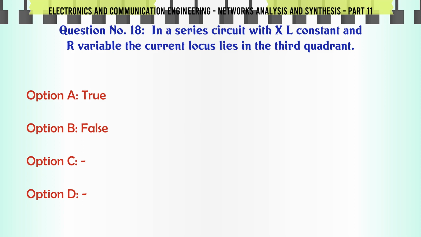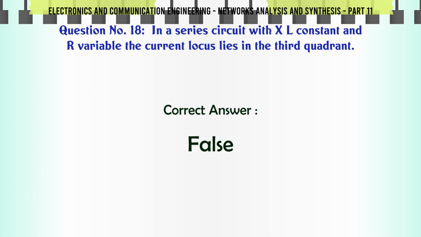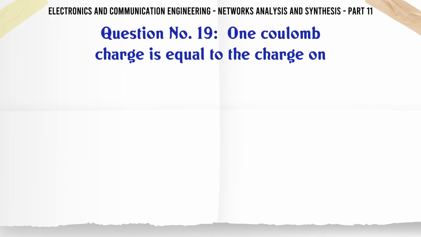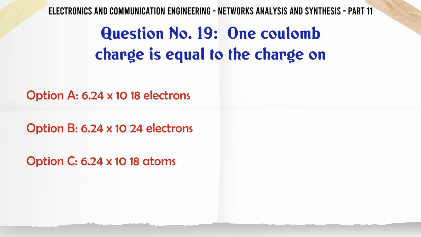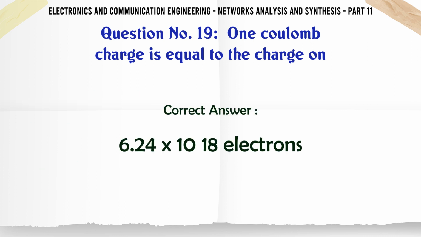The correct answer is false. 1 coulomb charge is equal to the charge on A 6.24 x 10^18 electrons, B 6.24 x 10^24 electrons, C 6.24 x 10^18 atoms, D none of the above. The correct answer is 6.24 x 10^18 electrons.